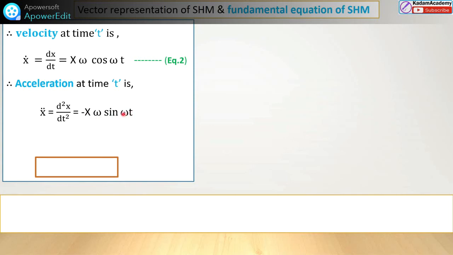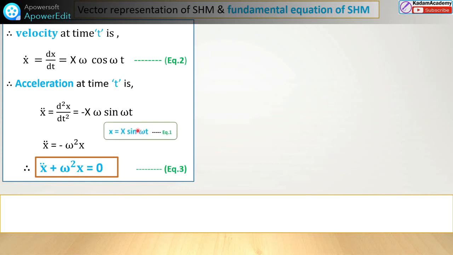So friend, here capital X into sin omega t is nothing but our small x.